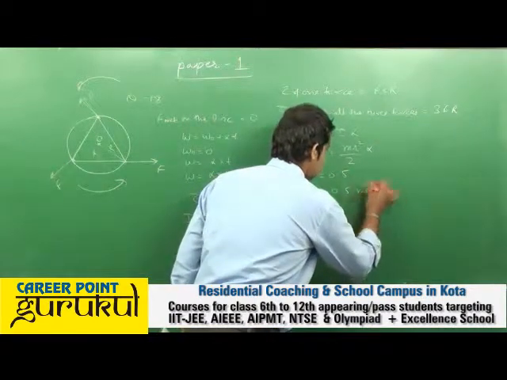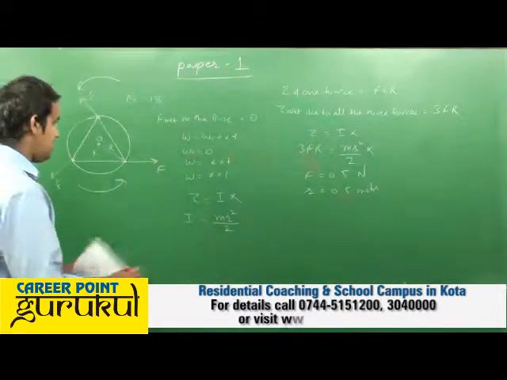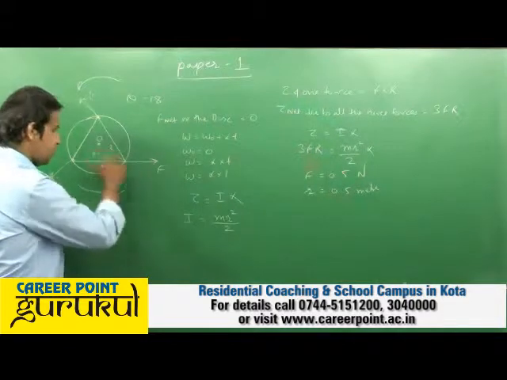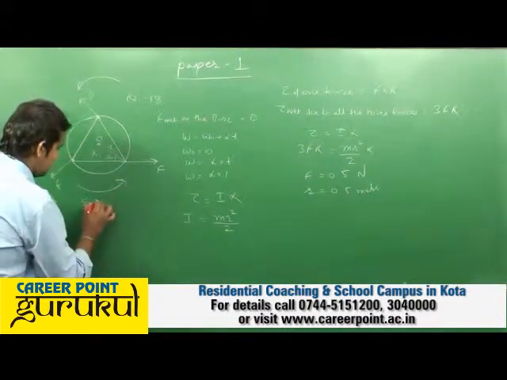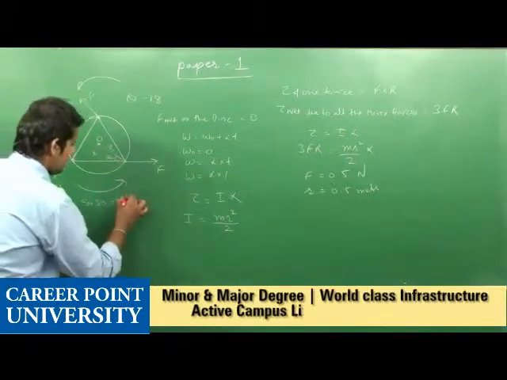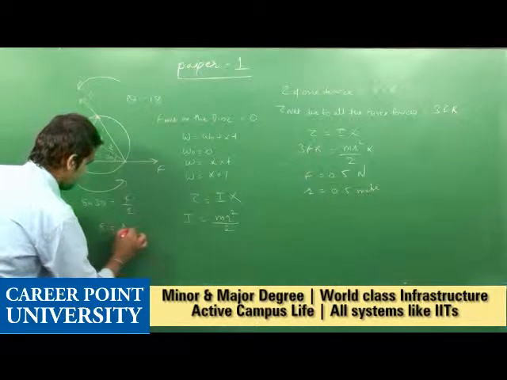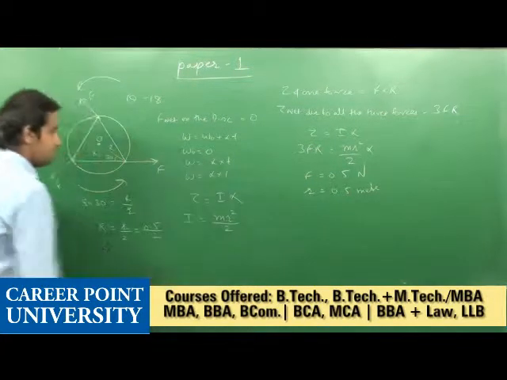This is in meters, and F is in Newtons. How will you calculate capital R? It's so easy. This angle is 30 degrees. You can use trigonometry: sine 30 is equal to capital R over small r. So capital R is equal to small r by 2, that is 0.5 by 2.